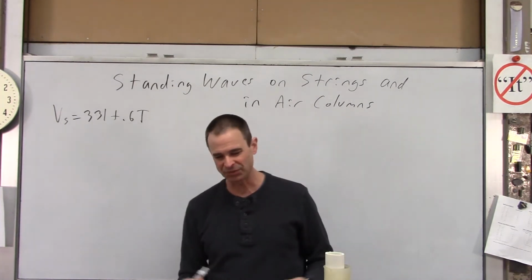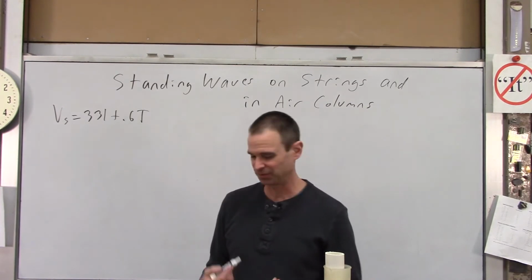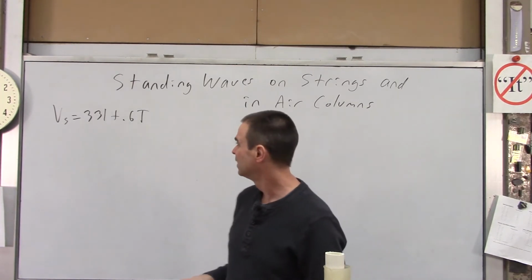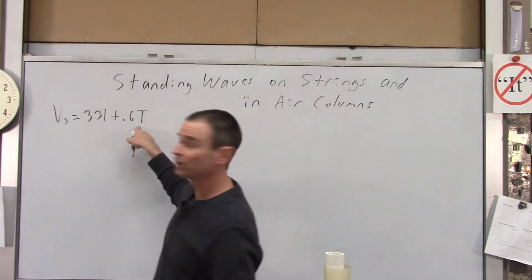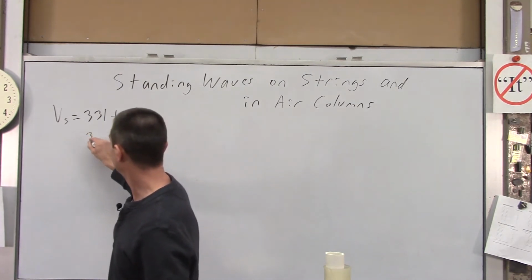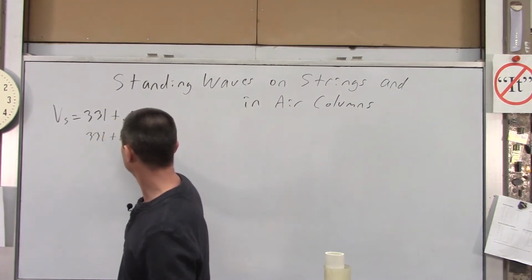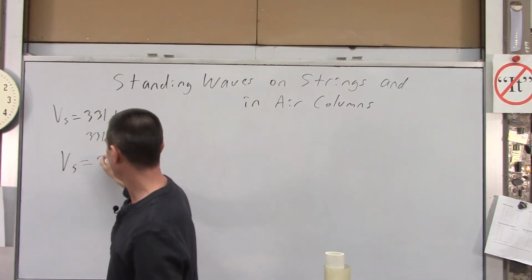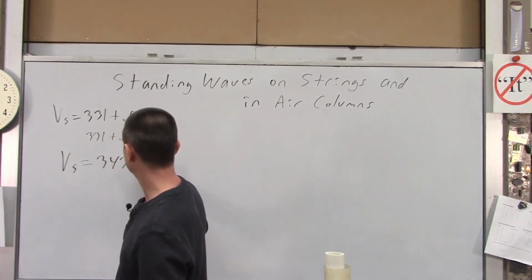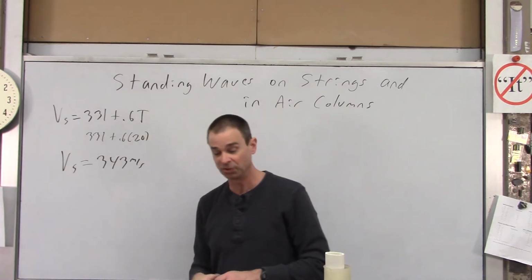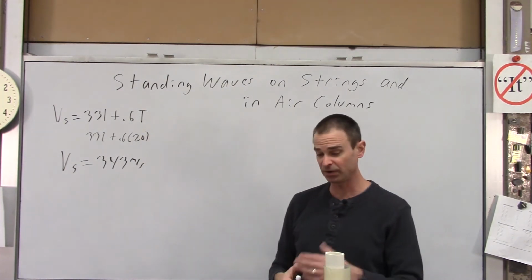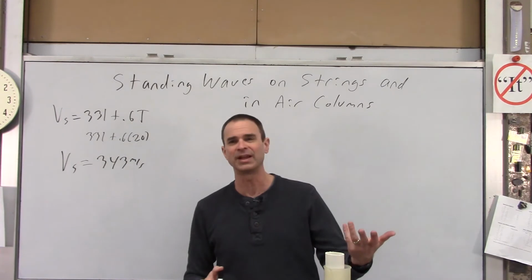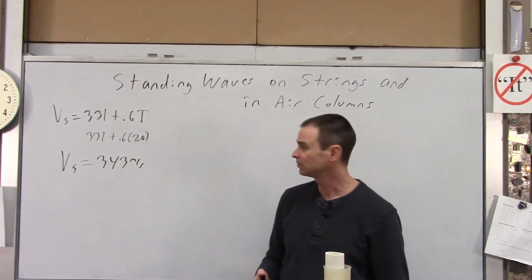In the room right now, the temperature of the air is about 20 degrees Celsius, about 72 degrees Fahrenheit. So if I put 20 in there, I get 331 plus 0.6 times 20, that's 12. V of sound is about 343 meters per second in this room. Notice that's different than the velocity of the guitar string, which was 280 something. This is a little faster.